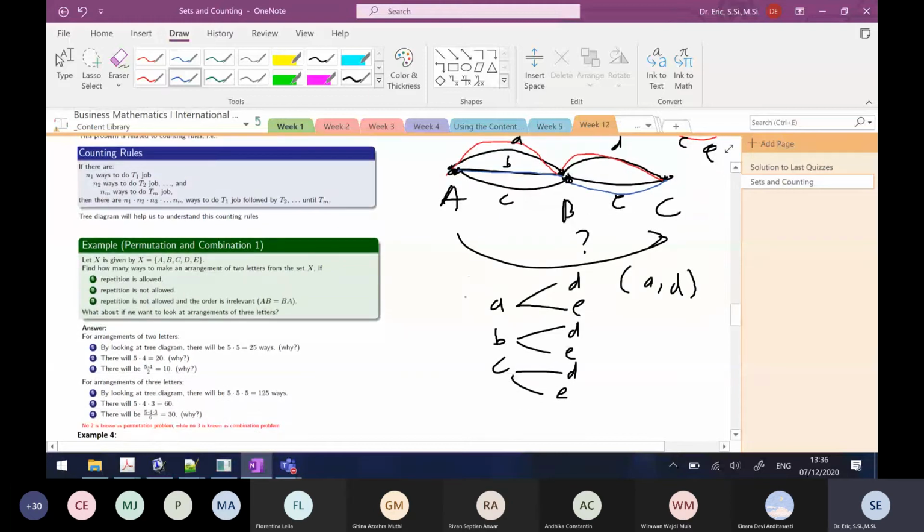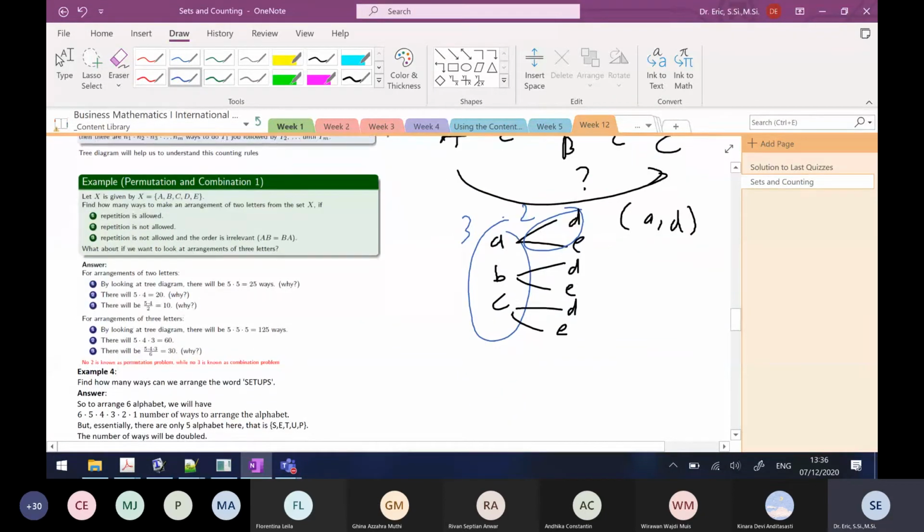So I have A, D, A, E, B, D, B, E, C, D, C, E. So how can I get how many ways? There are 3 branches, and for every branch you have 2 branches. So you have 3 times 2 ways. And this is the generalization.